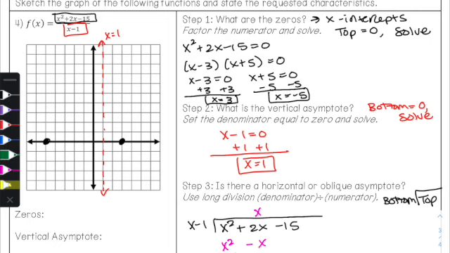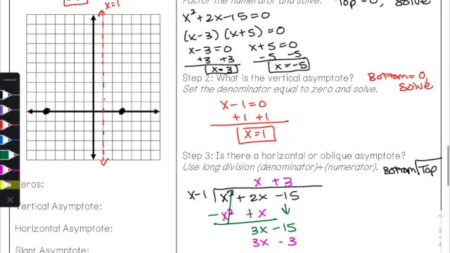I'm going to go ahead and subtract. X squared minus x squared is 0. 2x plus x is 3x. I'm going to bring down my next term. Start this process again. 3x divided by x is 3. 3 times x is 3x. 3 times -1 is -3.